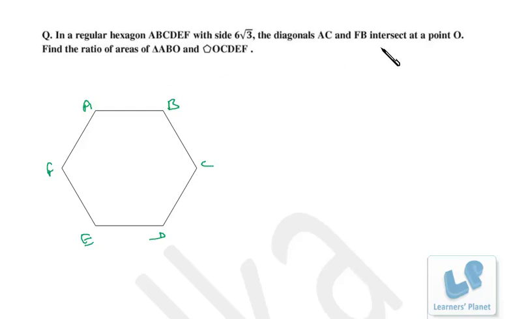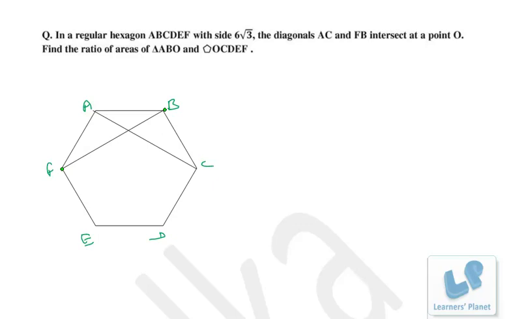Now, diagonals AC and FB intersect at point O. I just complete the diagram. This is AC, this is FB. So AC and FB are intersecting at point O, right?